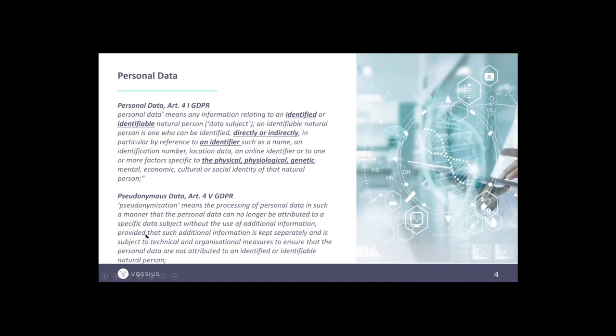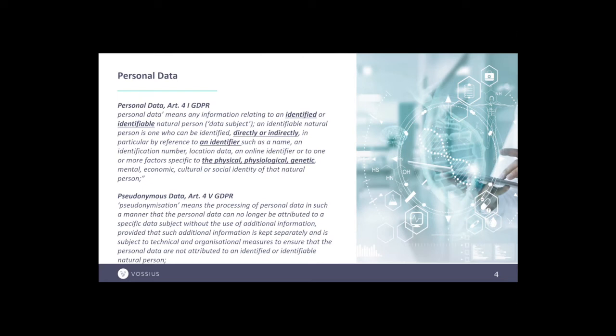So if we have covered the scope, then the second question we have to ask, okay, are we actually talking about personal data? So personal data, and this is a bit different from the US, we have a very, very broad understanding of personal data, and the data protection authorities and the European Court of Justice have taken the broadest possible interpretation of Article 4, Section 1 GDPR.